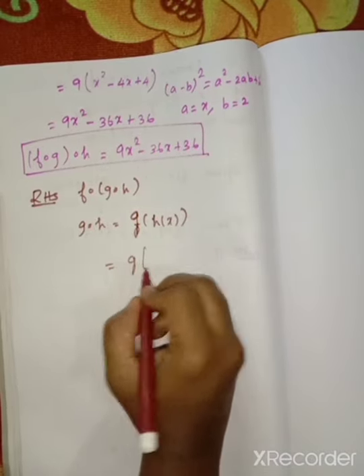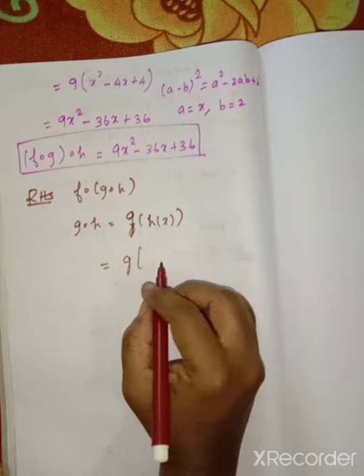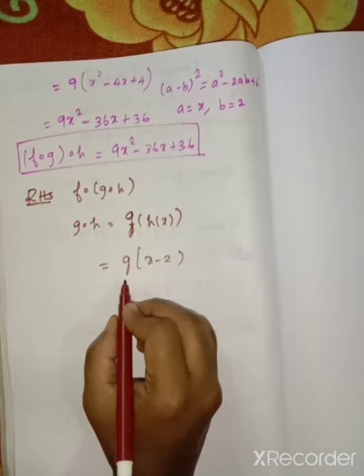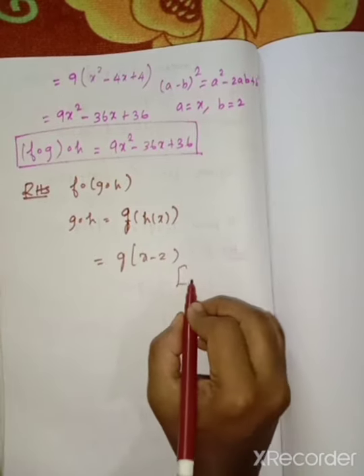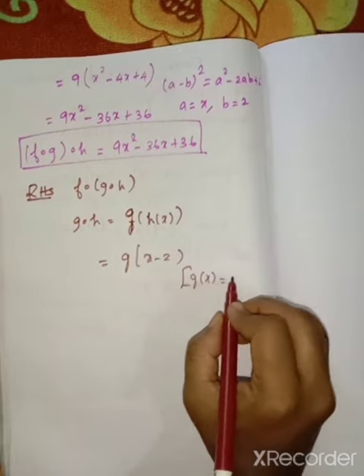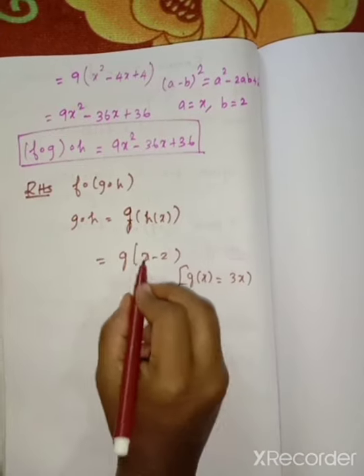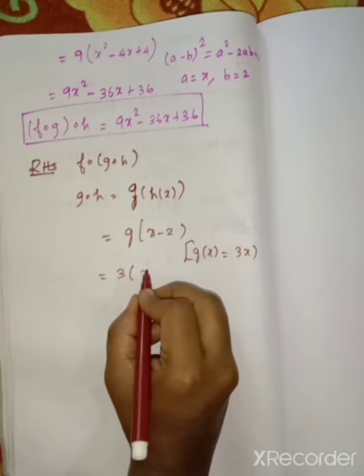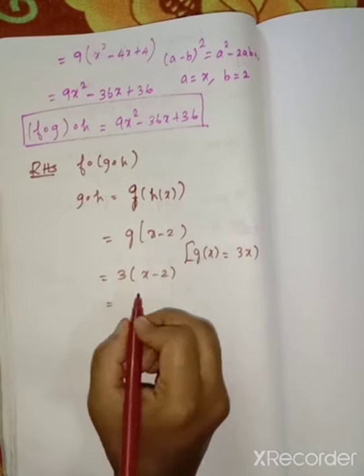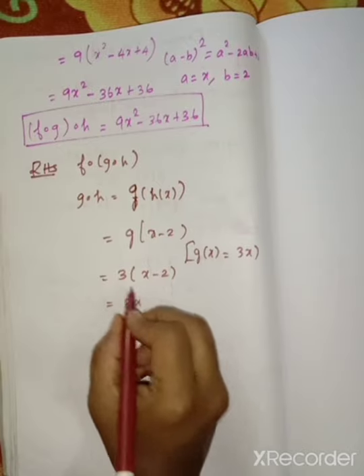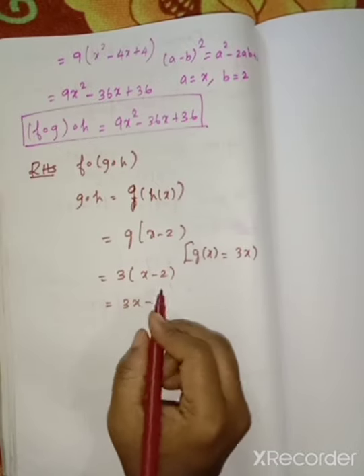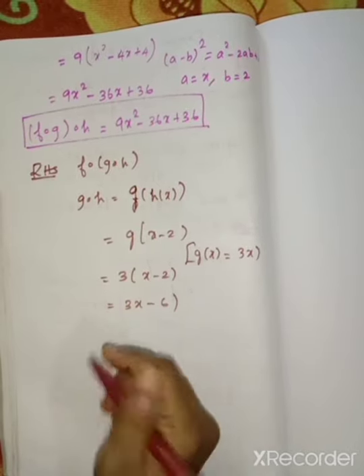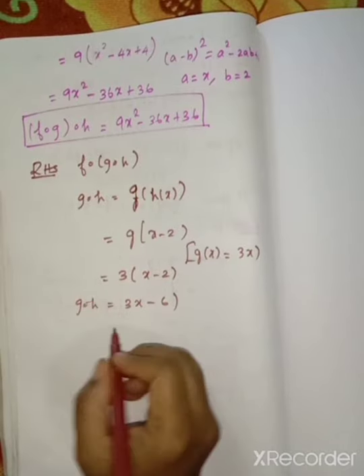So h of x is given as x minus 2. Here the function is g. So g of x is already given, that is 3x. In place of x we want to substitute x minus 2. So 3 into x minus 2. Now we multiply 3 into x, 3x, plus into minus is minus, 3 2s are 6. So this is g of h.